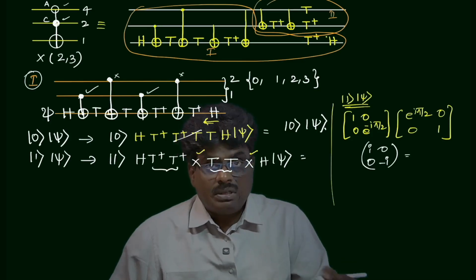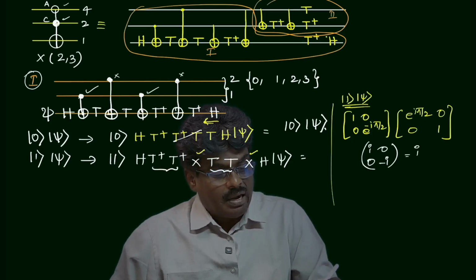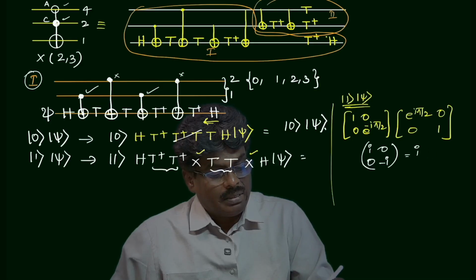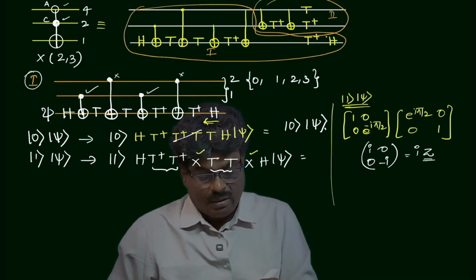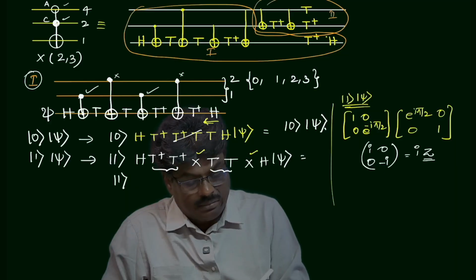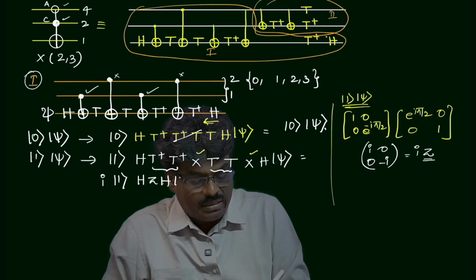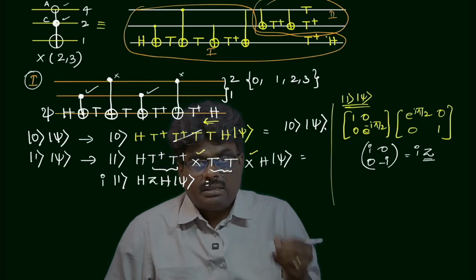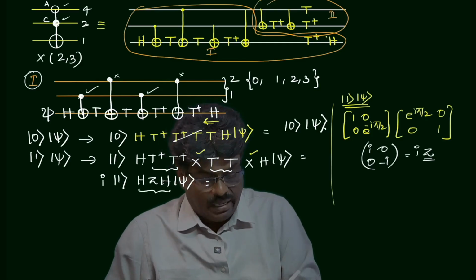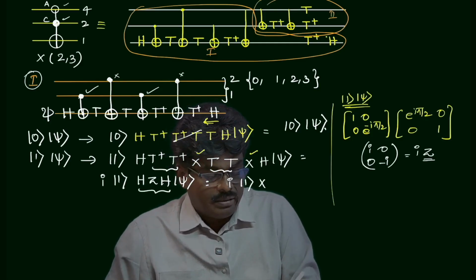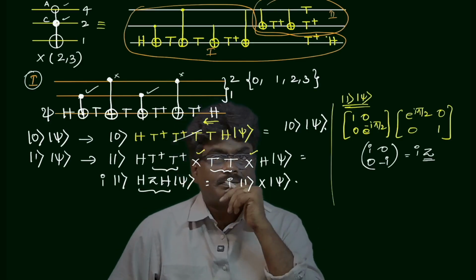So taking i common, that is a Z. So finally we can write i outside, H, Z, H psi. H, Z, H is nothing but X. So i times X psi. That's it.